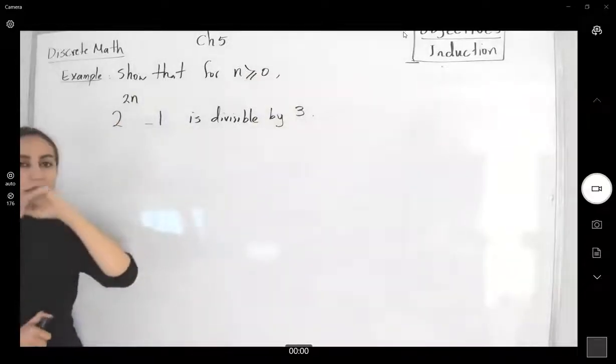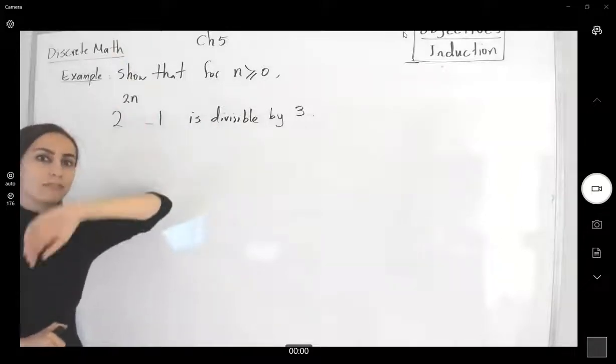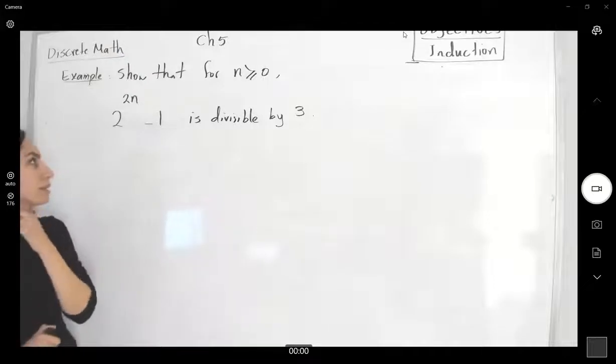So let's take a look at the application of induction in divisibility. Then we move on to another example related to inequalities.